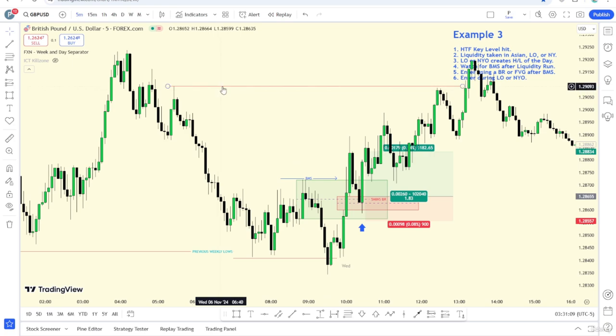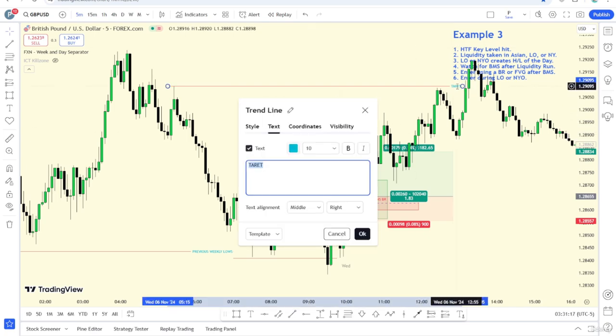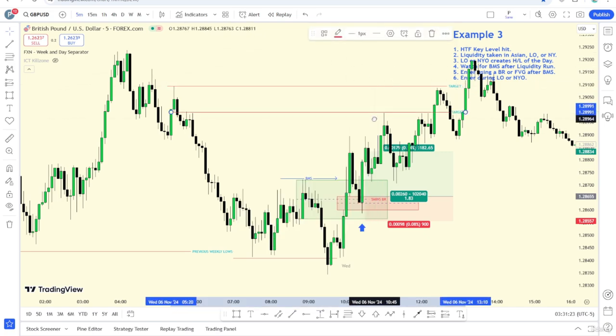So let's call this liquidity target. This is our target right there. And then we also have this highs back here, which was also a near term liquidity target. You can see that was actually reached at 12:20 p.m.